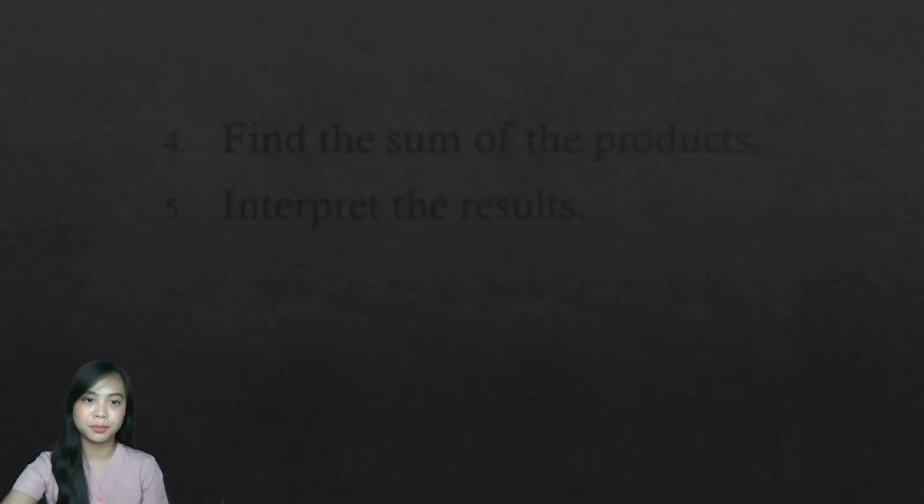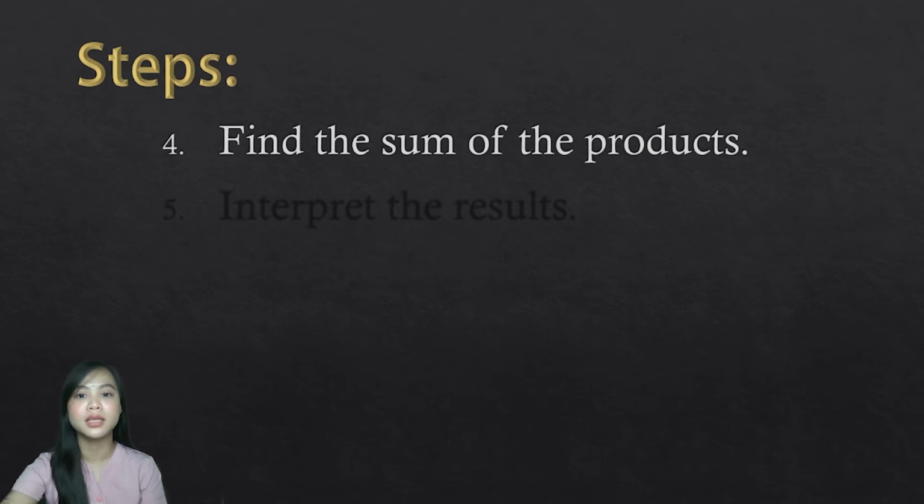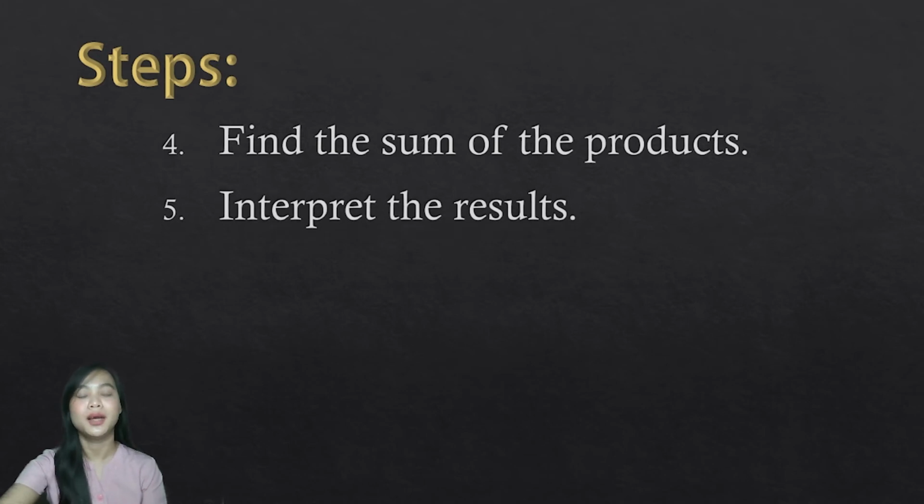For the fourth step, we need to find the sum of the products of the probability and the outcome value, or random variable value. So we need to get the sum of all products. And lastly, of course, let us interpret the results. Why do we have that result? What do we mean by that result, by that mean?